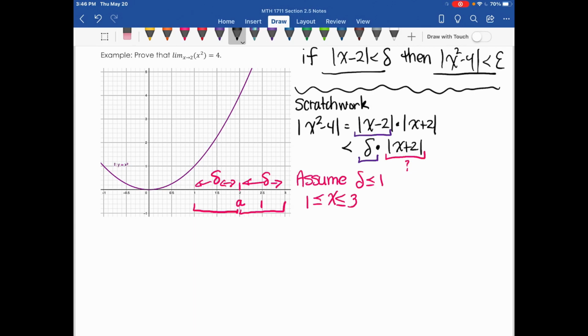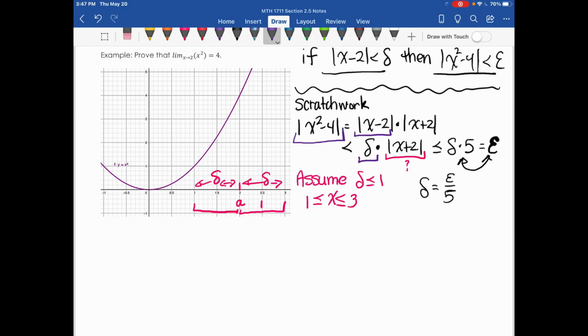So I can say now that this is going to be less than or equal to delta times 5. Since I want the absolute value of x squared minus 4 to be less than epsilon, I have this statement now, and I can say that I found my delta now. Delta is going to be epsilon over 5.